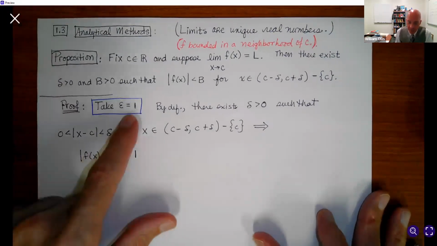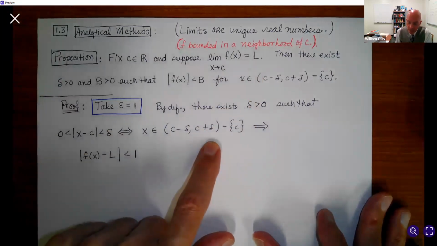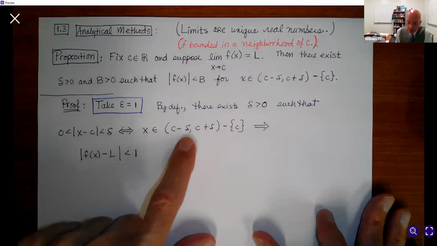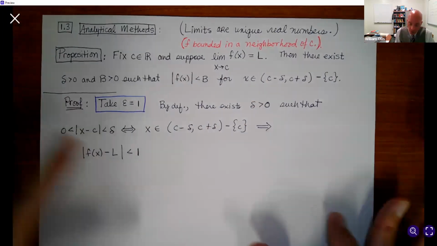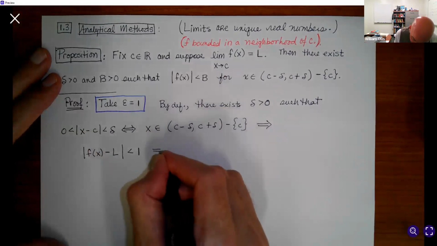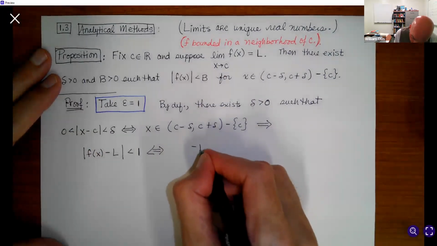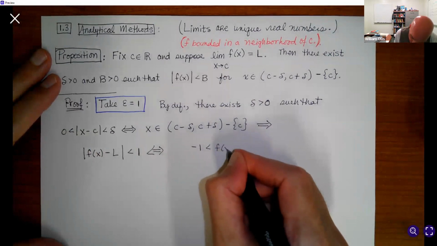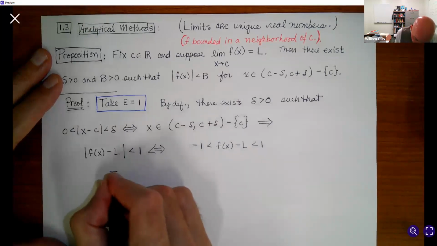Okay, so you give me the epsilon, the limit exists, so I can find the delta. So if x is within delta of c, then f(x) is within 1 of L, right? What does this mean? Well, this says now we've got -1 < f(x) - L < 1, if and only if.